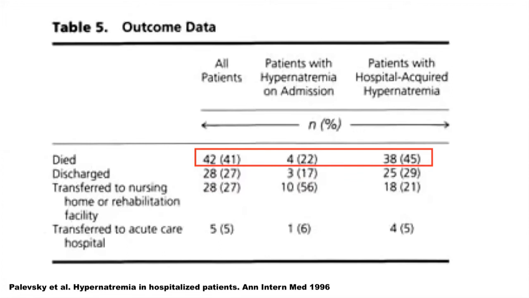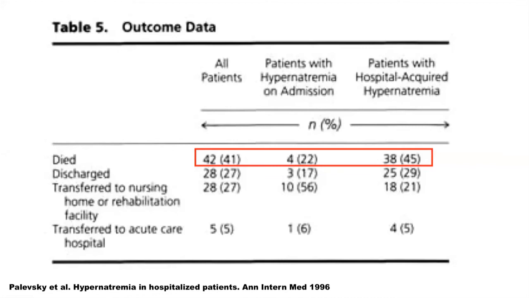And the mortality rate was pretty similar to the South African study. You can see here 41%. And although the mortality was lower in the patients who came in with hypernatremia, there was no statistically significant difference between the two groups. Interestingly, the authors also mentioned that the cause of mortality was not related to the hypernatremia.